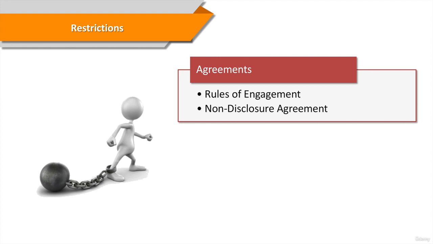A non-disclosure agreement, NDA, is a legal contract between the pen tester and the system owner that outlines confidential information that the parties wish to restrict access to or by third parties. You will probably access the most critical and confidential data of the system owner, so this agreement is very important, especially for the system owner.